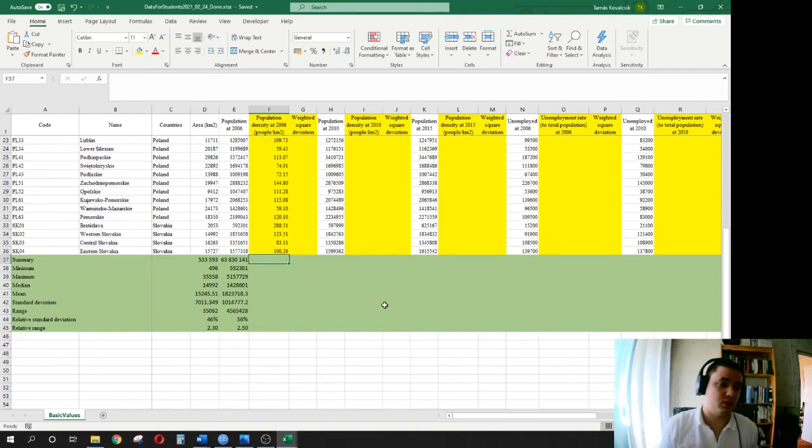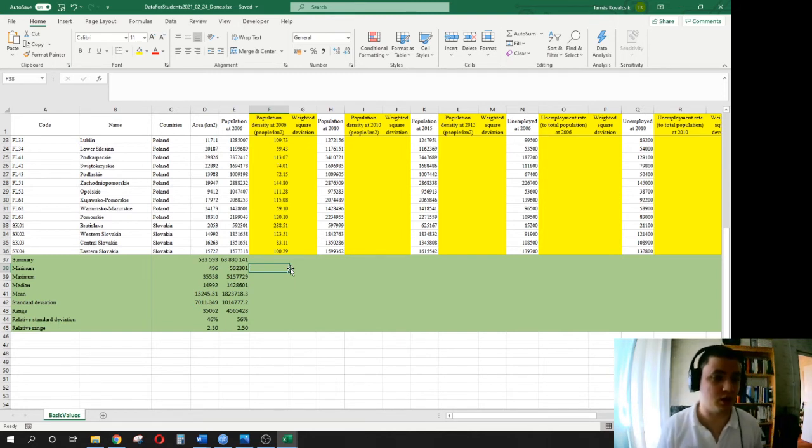We cannot interpret the summary of the relative numbers because these are not counts. These are just a ratio for the population density. So we just do not calculate the summary because it doesn't mean anything.